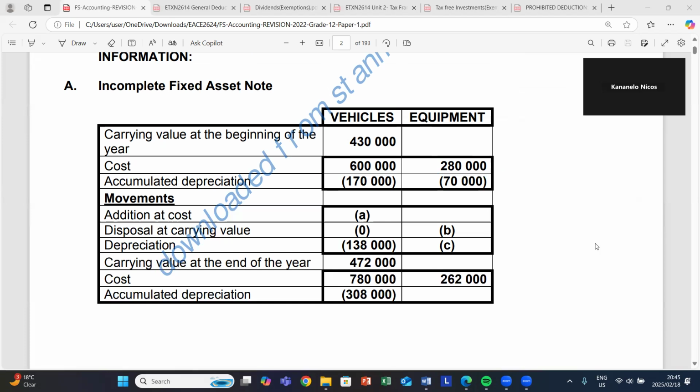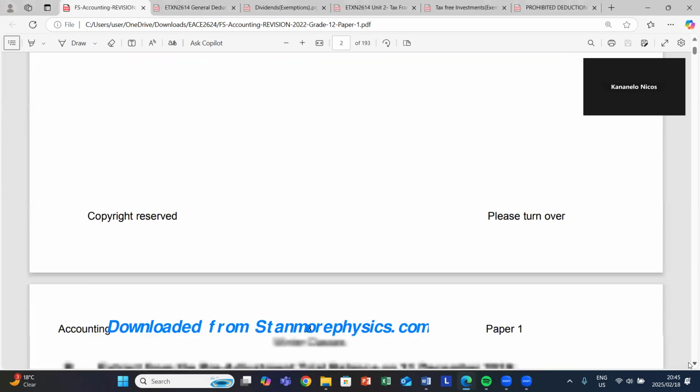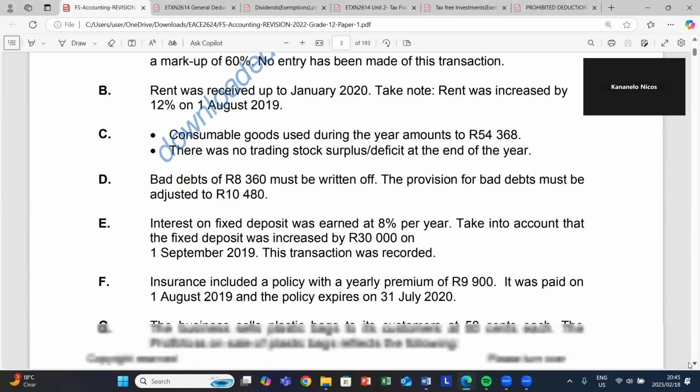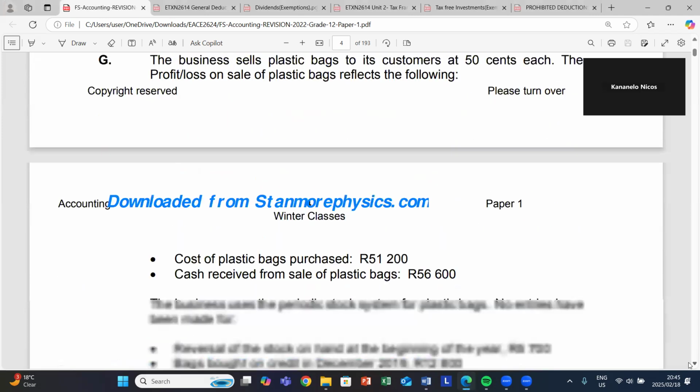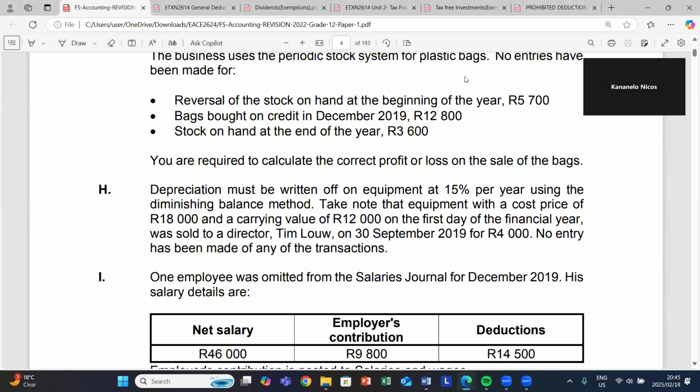So let us go to that statement again. For your H, we are looking for the cost price of the asset that you sold. They say take note: the equipment with a cost price of 18,000 rand.